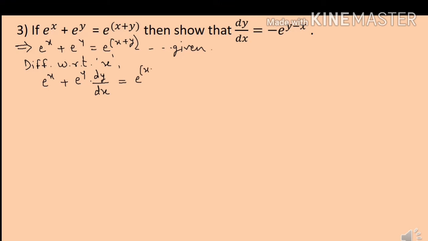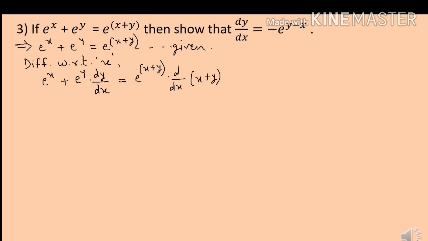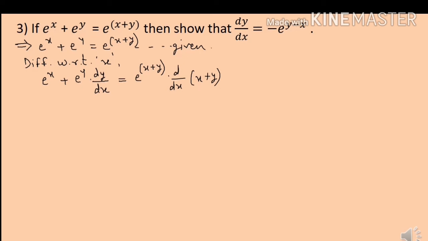Now again derivative of e raised to x plus y, that will be same e raised to x plus y into d dx of x plus y. Don't forget this term. This is the composite function, so we have to derive x plus y also.